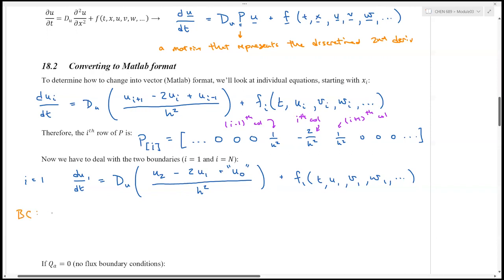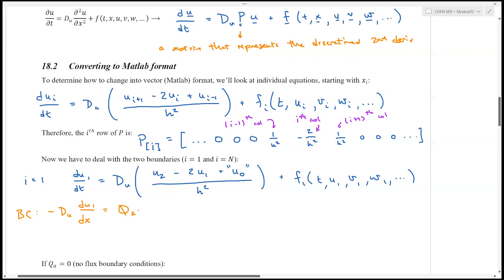our boundary condition that applies to this equation would be the left boundary condition. So you have minus the diffusivity of u times du1 dx is equal to q at the left boundary.